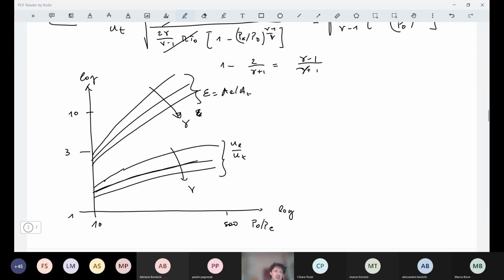We see that for increasing pressure ratio we have an increase of UE over UT, and exactly as you have seen for the only UE, it is trying to reach an asymptotic value that in this case will be the square root of gamma plus 1 over gamma minus 1, whereas the area ratio is always increasing with this pressure ratio.